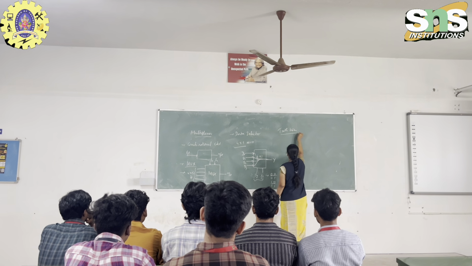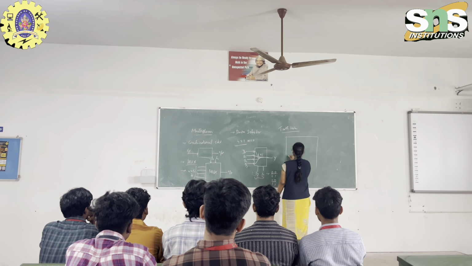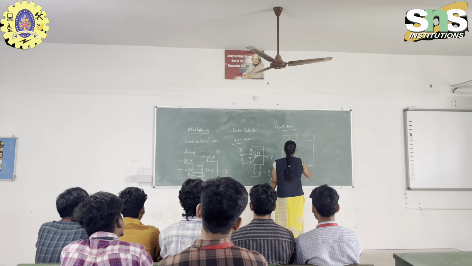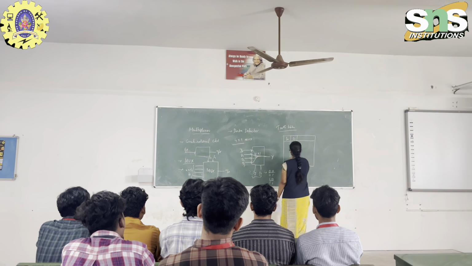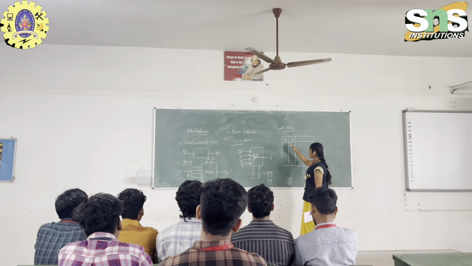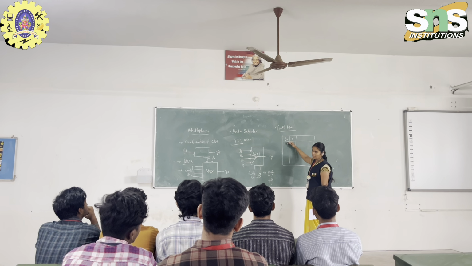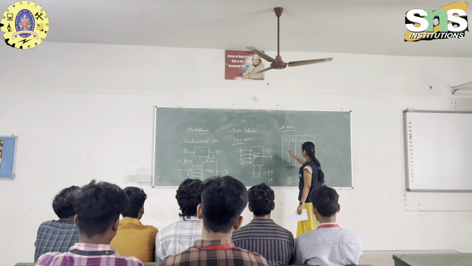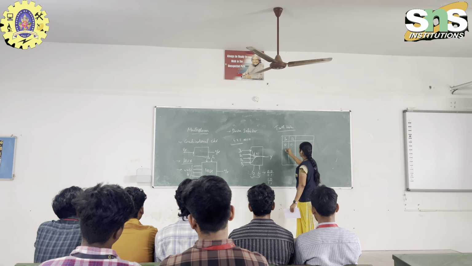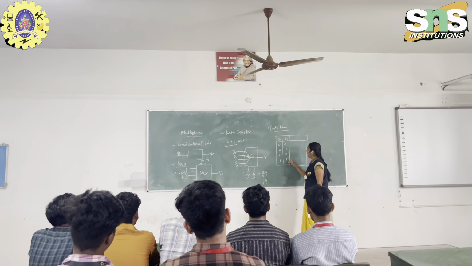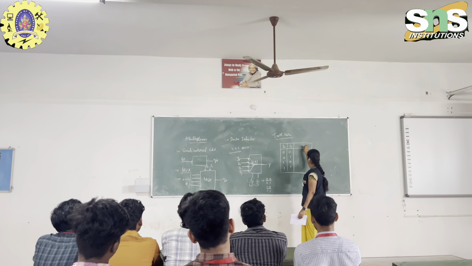It is known as the truth table. We take S0, S1 as the input function because the selector switch is the main input of this multiplexer. So here we have 00, 01, 10, 11. These are the inputs, and then the outputs.